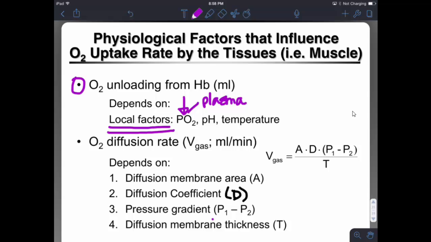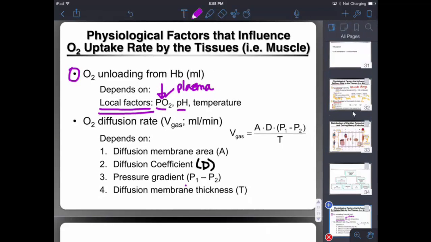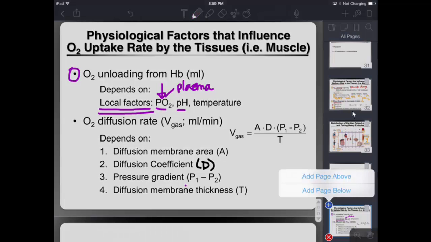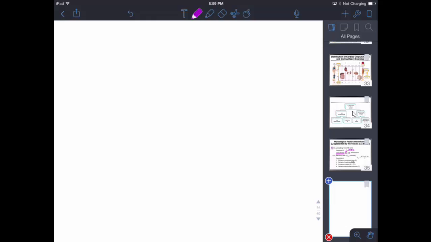And so it helps to match the supply with demand. The other factor that affects unloading is pH. And you know that when you're exercising, the pH drops. pH is a measure of hydrogen ion concentration. One of the reasons that the pH drops is because during exercise we produce more lactic acid.